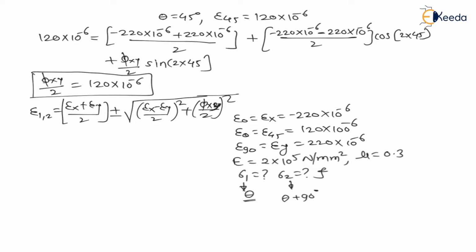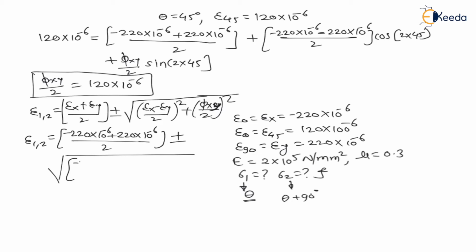Now putting the values: Ex is minus 220 into 10 to the power minus 6, Ey is 220 into 10 to the power minus 6, divided by 2, plus or minus the square root of ((Ex minus Ey) divided by 2) whole square, plus phi xy by 2, which we calculated as 120 into 10 to the power minus 6, whole square.